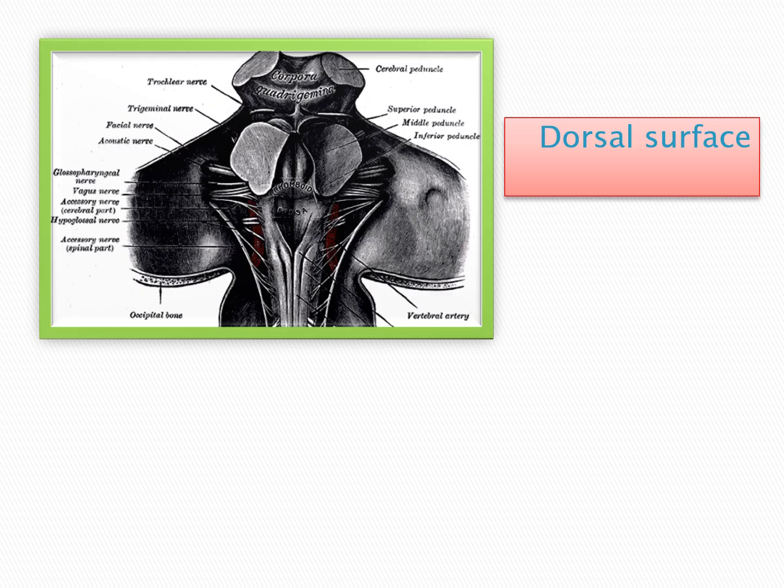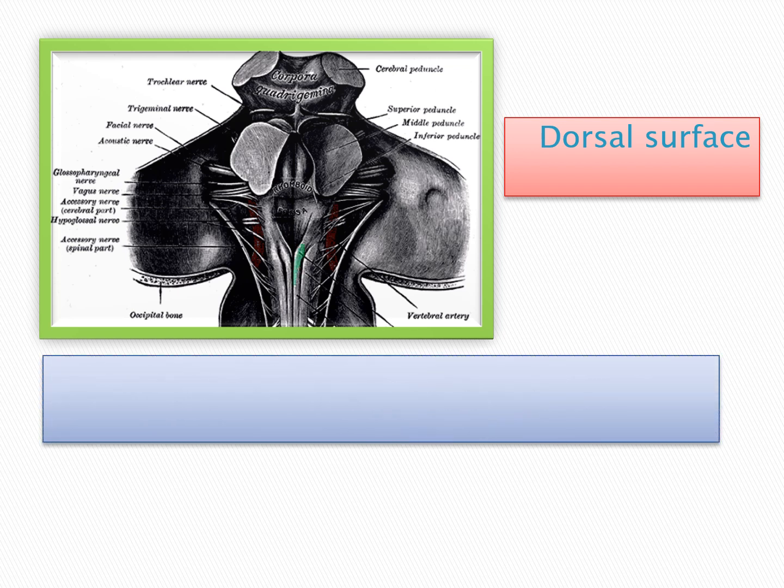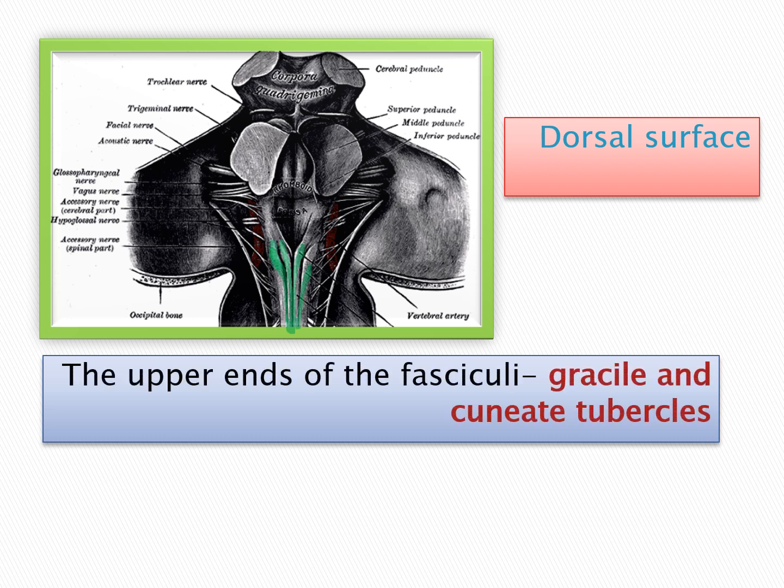So on both sides the fasciculus gracilis, then the fasciculus cuneatus. In the upper part, they end as the gracile tubercle and cuneate tubercle.